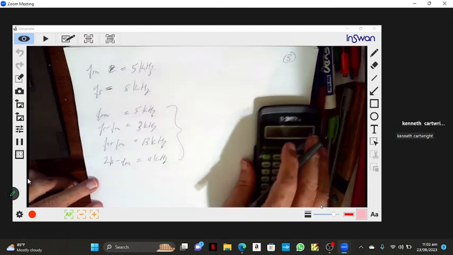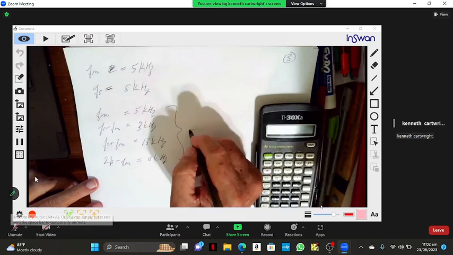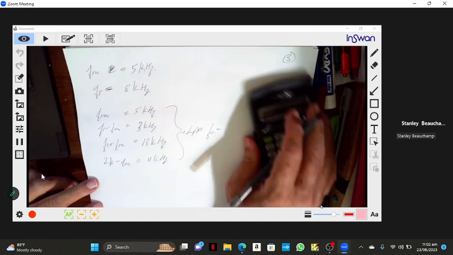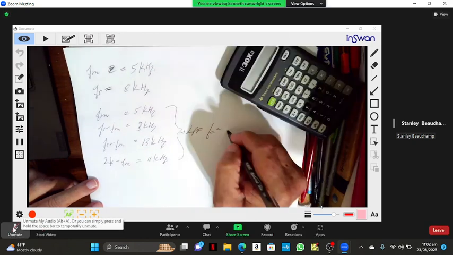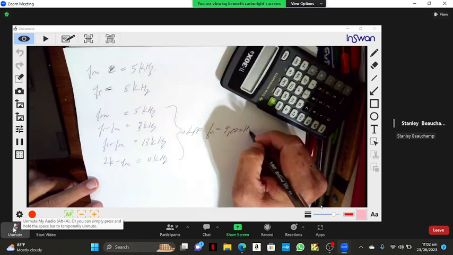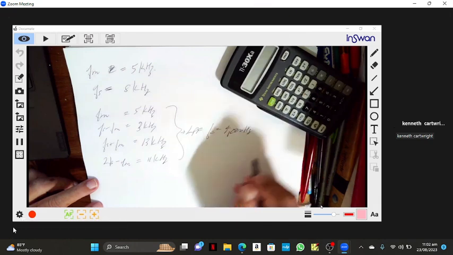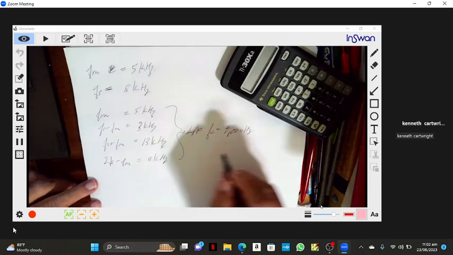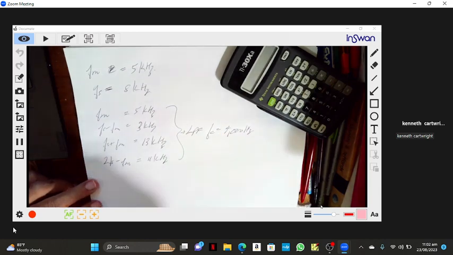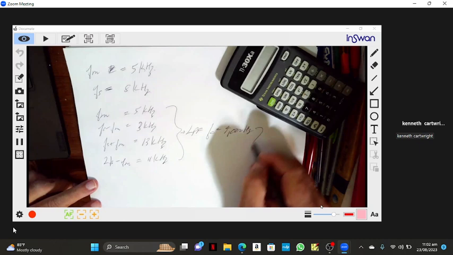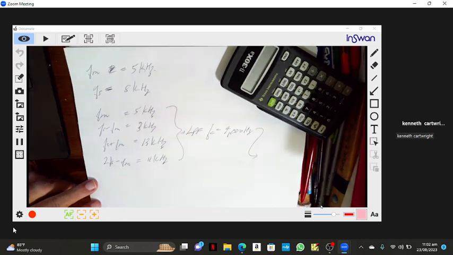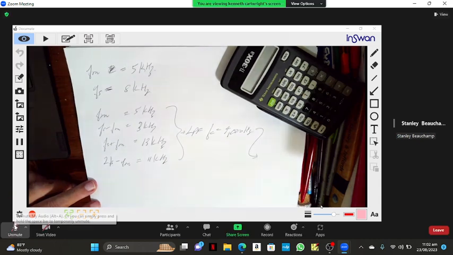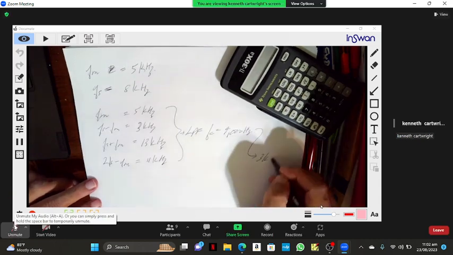Yes, 4,000, because it's half the sampling frequency. So what's my output going to be after I pass it through a low pass filter? Which of these frequencies am I going to get? I'm going to get 3,000.